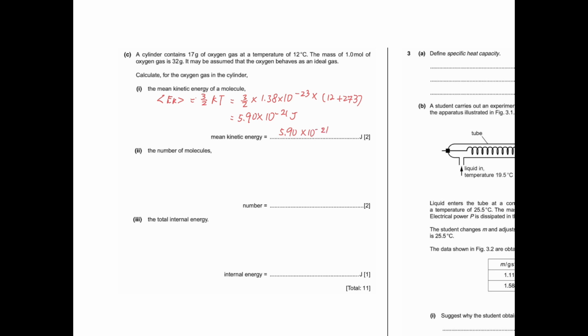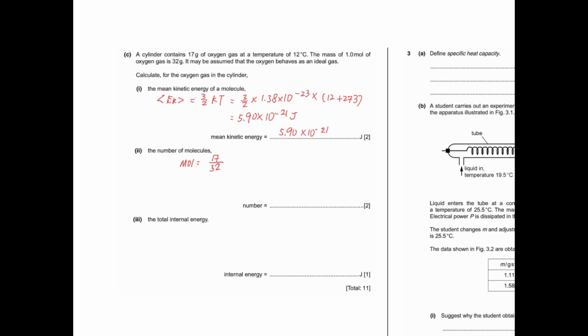Part 2, the number of molecules. Okay, we already have 17 gram and the relative molecular mass 32. So we get the mole first. Mole equal to mass over molar mass 32.